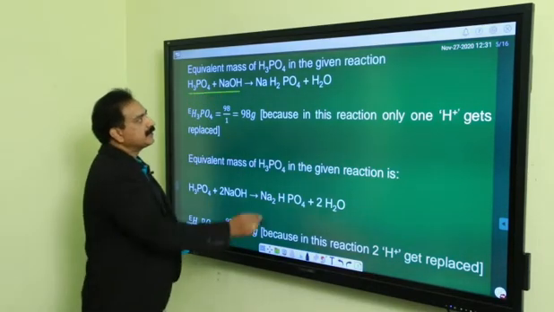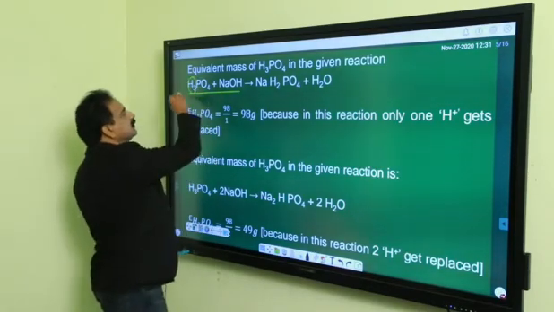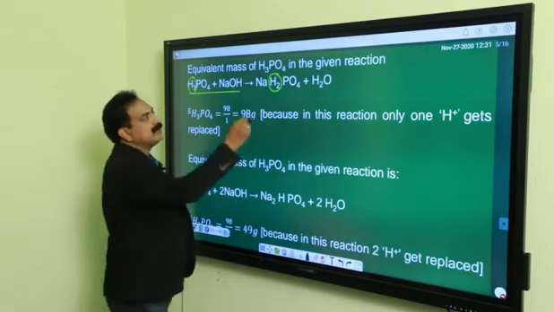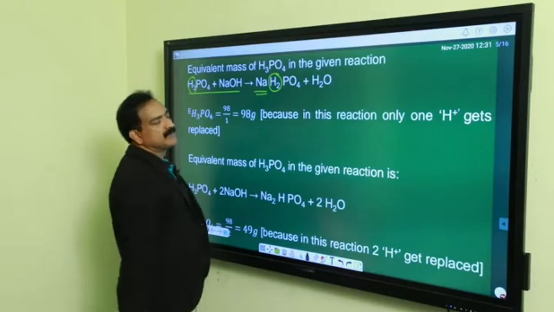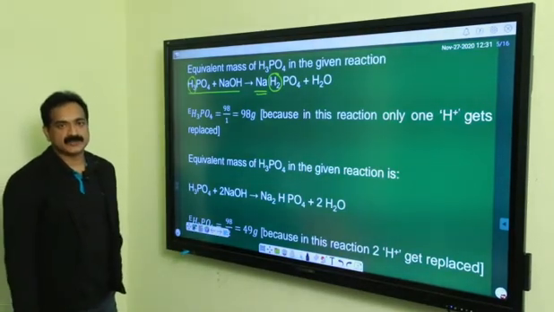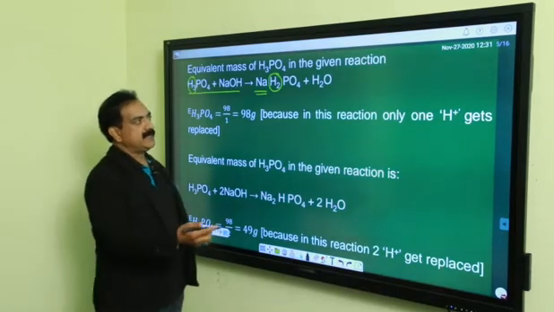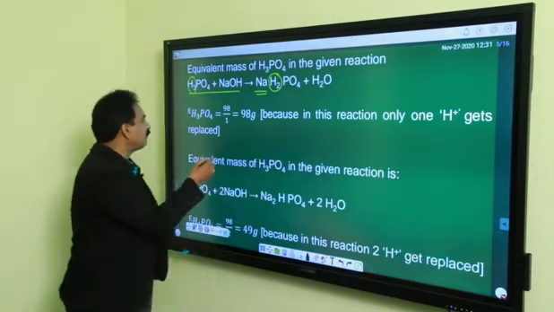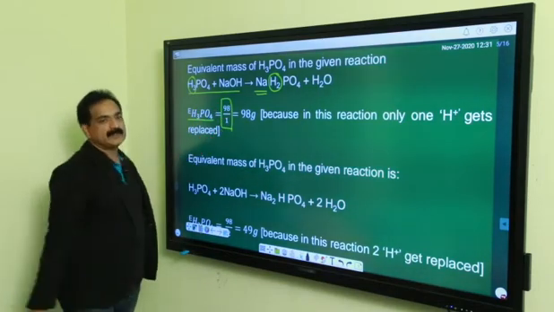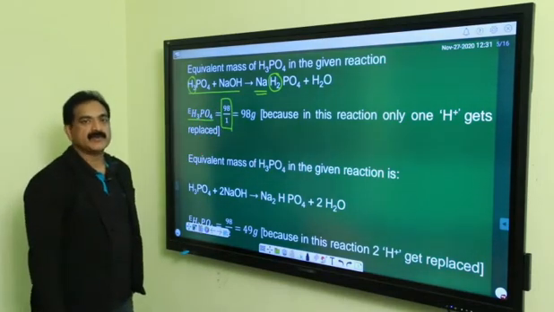In this reaction, how many hydrogen? There were 3 hydrogen, but 2 hydrogen remain. Only 1 hydrogen is substituted. Only 1 hydrogen is donated as H positive. So obviously, here the equivalent mass of H3PO4 is not 98 by 3, it is 98 by 1 only.